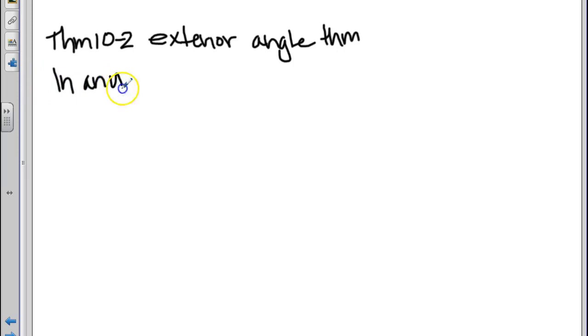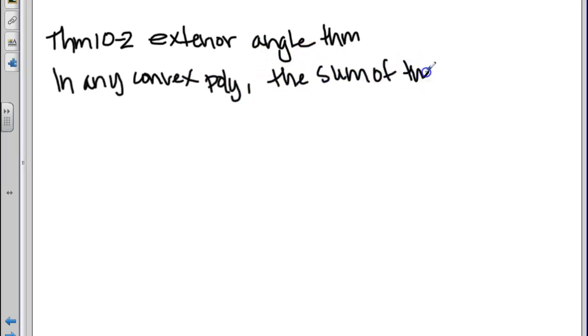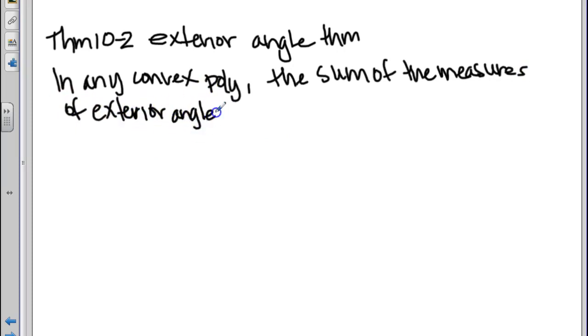In any convex polygon, the sum of the measures of the exterior angles is 360 degrees. Doesn't matter the number of sides. Makes absolutely no difference. The sum of the measures of the exterior angles is 360 degrees.